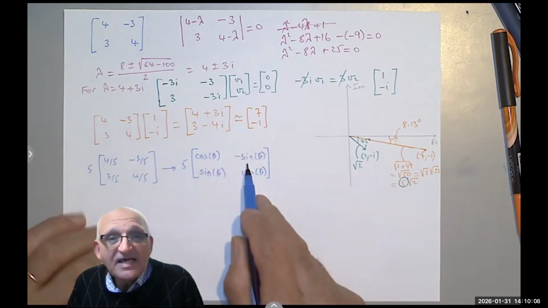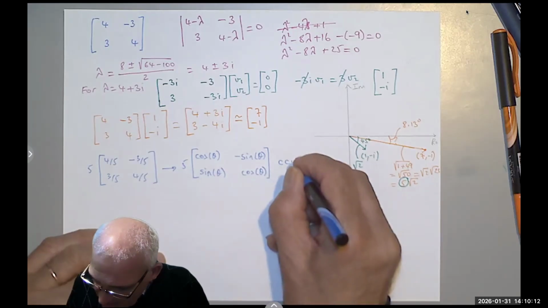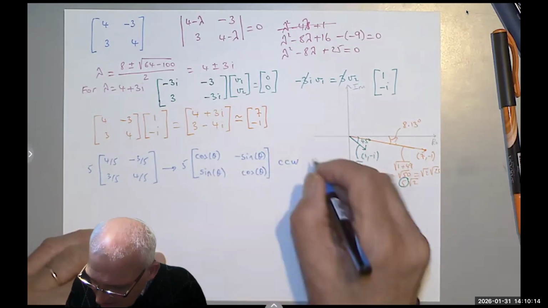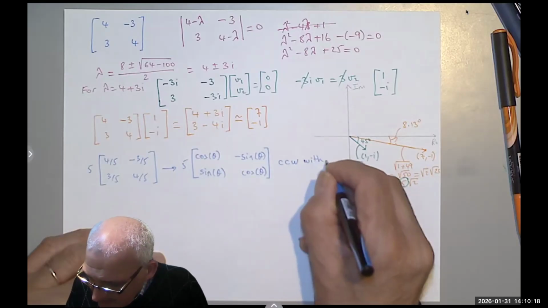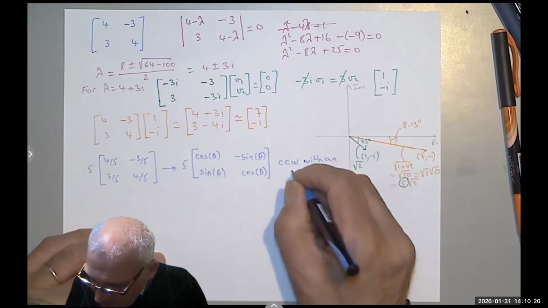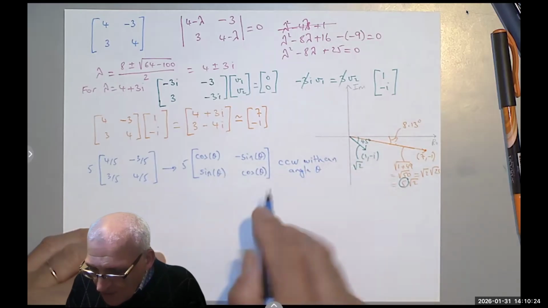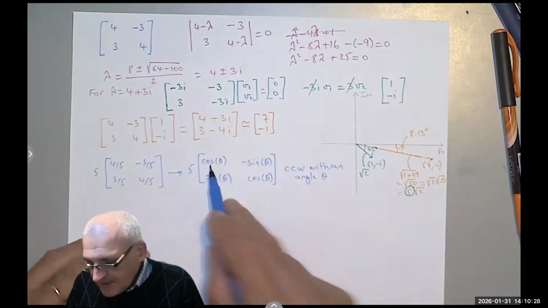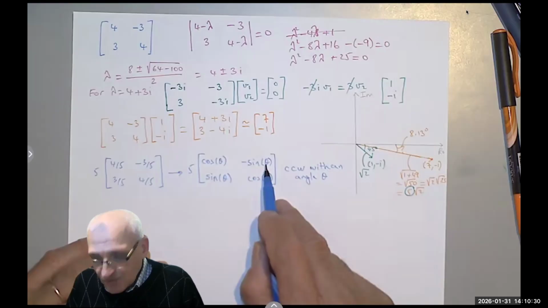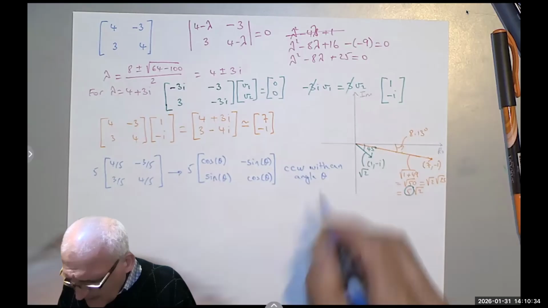And since I have negative in the first row, it means counterclockwise rotation with an angle theta, whose arccosine is this number, or arcsine is that, or if you divide them, you get the arctan. So let's see what is theta.